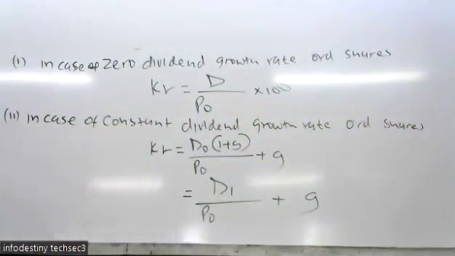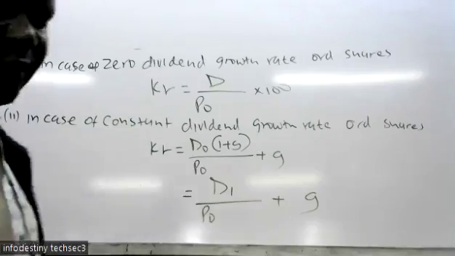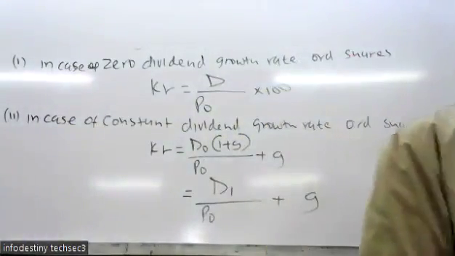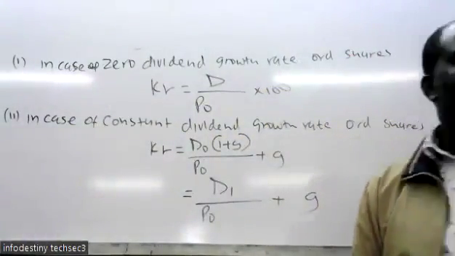So we got the second category, which is the cost of the preference share. When we started, we classified them into three: the cost of equity, the cost of the preference share, and the cost of debt.